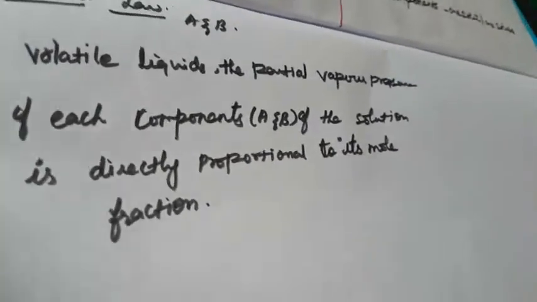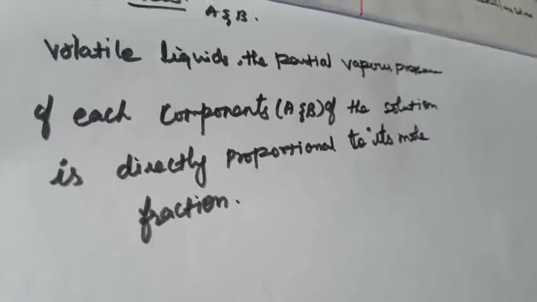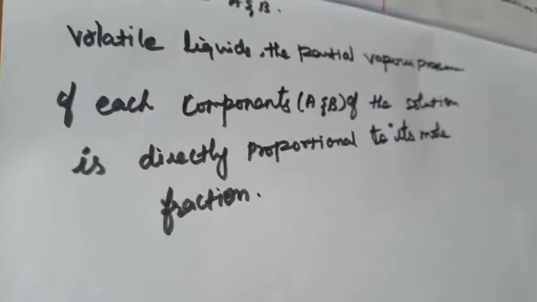So that is, for the volatile liquid, the partial vapor pressure of each component A and B of the solution is directly proportional to its mole fraction.